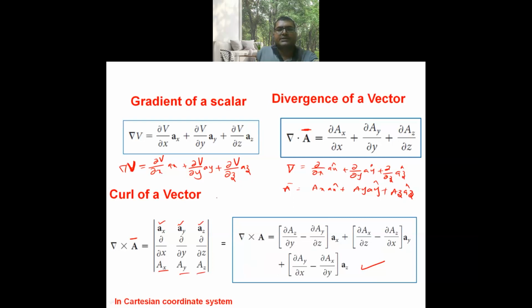The gradient, divergence and curl are given in the Cartesian coordinate system. In the upcoming classes, we'll discuss the representation of gradient, divergence and curl in spherical and cylindrical coordinate systems.